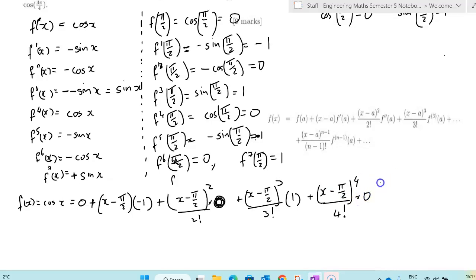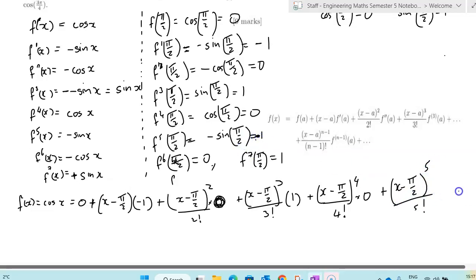So all the even powers will have zeros, right? The next one is x minus pi over 2 to the power of 5 over 5 factorial times f5, which is minus 1, nearly there, plus x minus pi over 2 to the power of 6 over 6 factorial, and we know that's multiplied by 0.